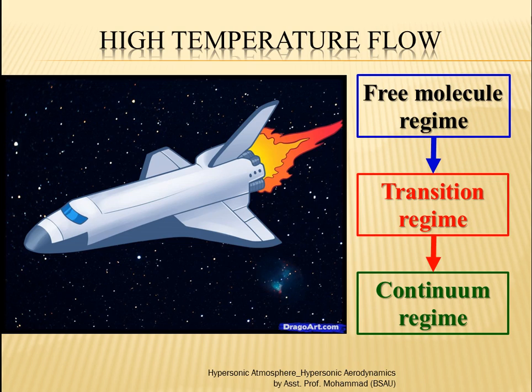So in this region we normally don't talk about the Mach number. In fact, even a particle traveling at subsonic or supersonic speed will have this phenomenon applicable to it if it is traveling in that particular regime where the density is very, very low.